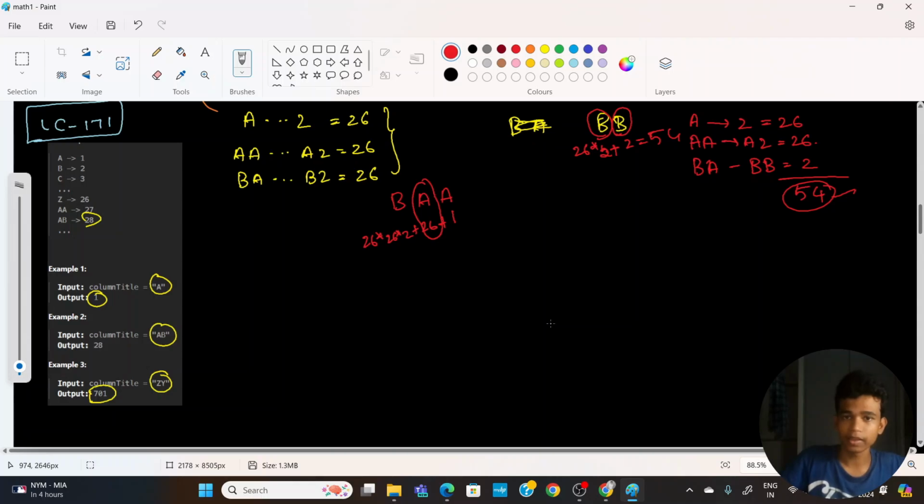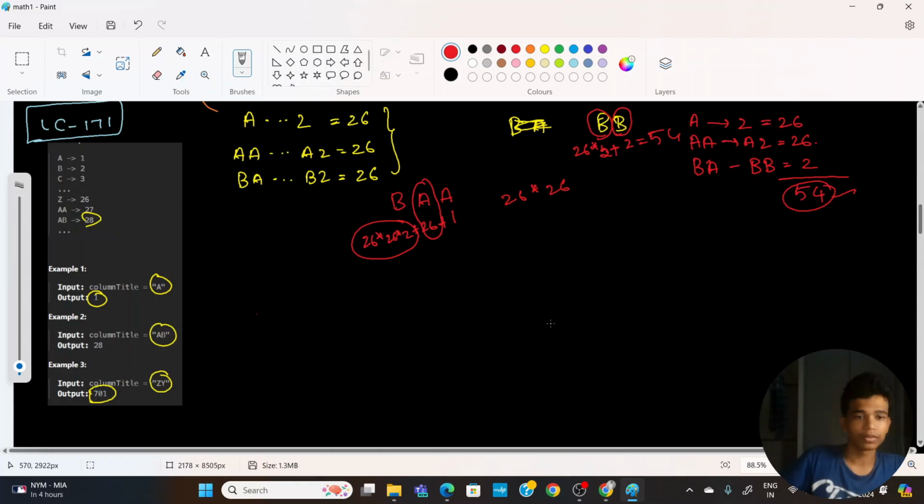For A, it is 26. Then for B, it will be 2 into 26. Like that, for 26 alphabet characters, it will be 26 into 26. That's why it is 26 into 26 into 2. Can you understand the pattern? It is like binary values.